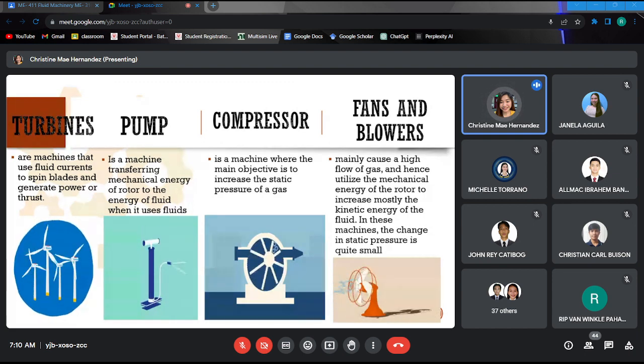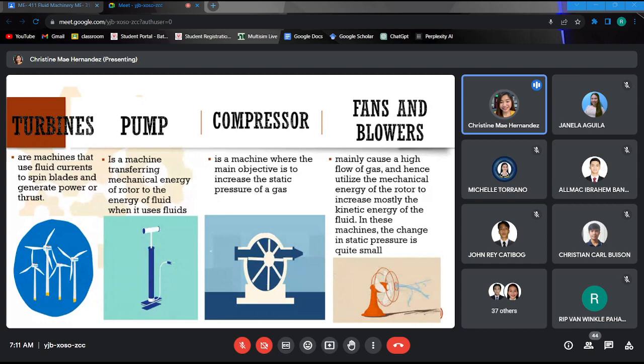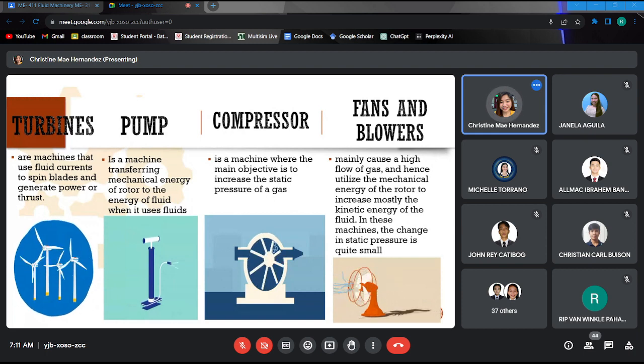A pump, on the other hand, is a machine transferring the mechanical energy of a rotor to the energy of the fluid. So here, it is the opposite of a turbine. With a pump, we transfer mechanical energy to the rotor. Basically, we pump it, like a hand pump.